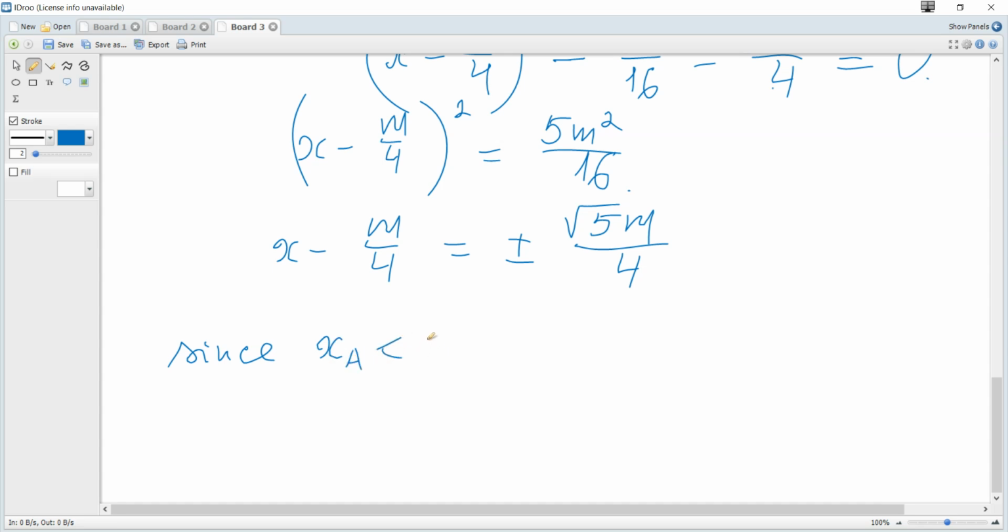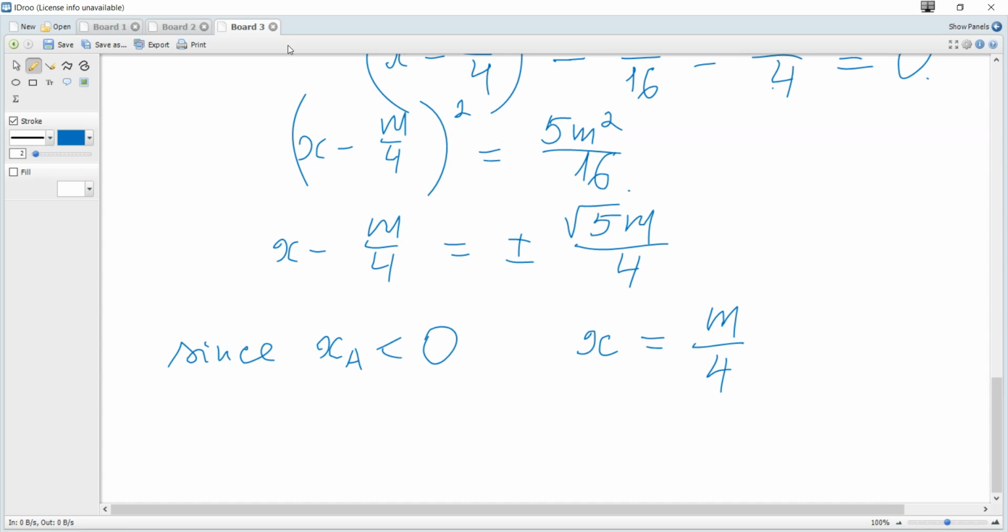Since xa is the least value, it's negative because it's to the left from 0, point B. You can see that x may be m over 4 plus or minus root 5 m over 4.